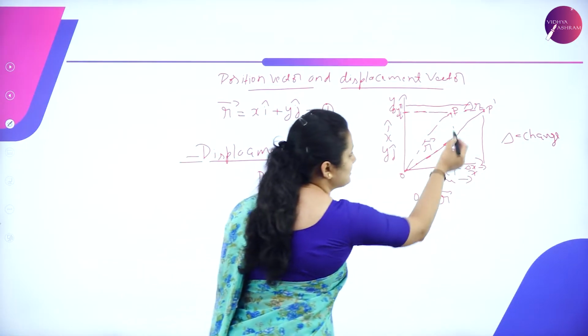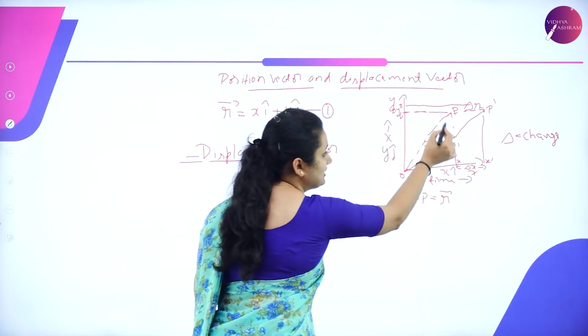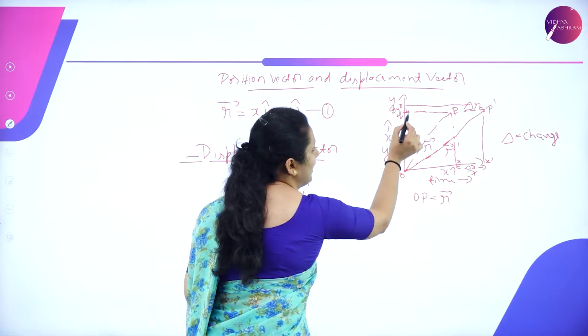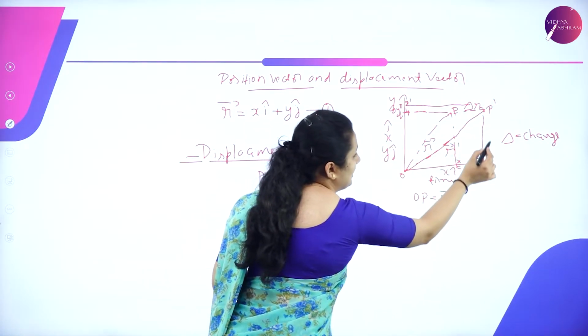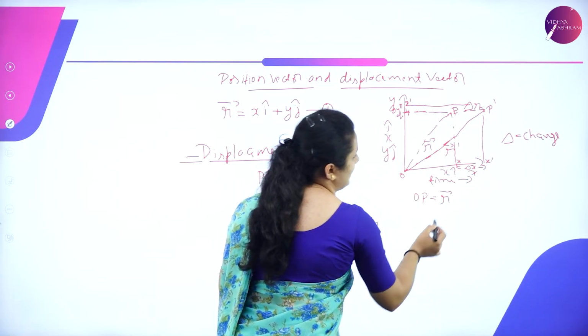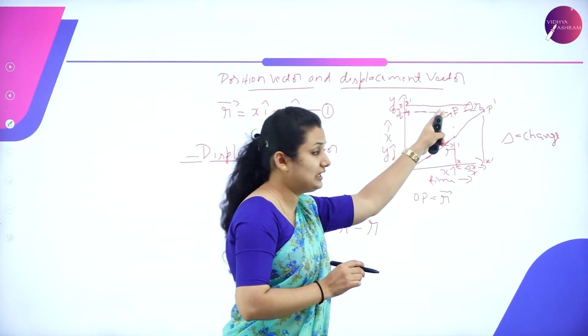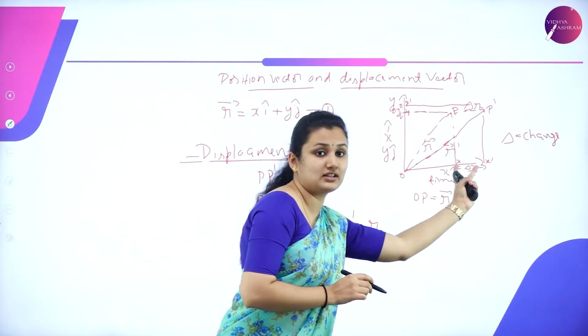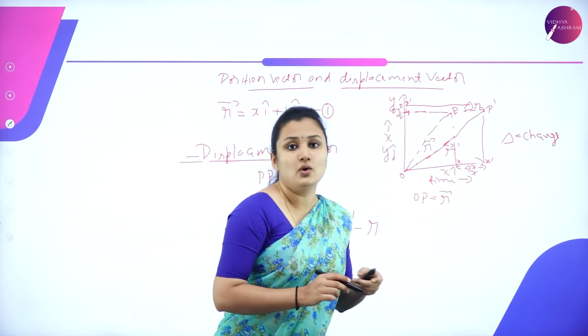What is delta x? That is nothing but x dash minus x. For P it is x along x and y along y. For P dash along y it is y dash, and along x it is x dash. So the particle has undergone delta x change in the x-axis and delta y change in the y-axis.